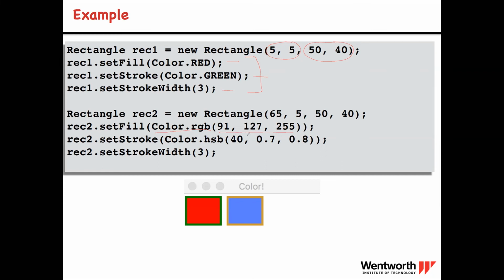So this can get you a different way of mapping colors, and then the stroke size changed here as well. So it's just a few different ways to use the colors. If you want something specific, say for example you want to use Wentworth specific colors, you can create colors in your program that are exactly what the Wentworth official colors are.